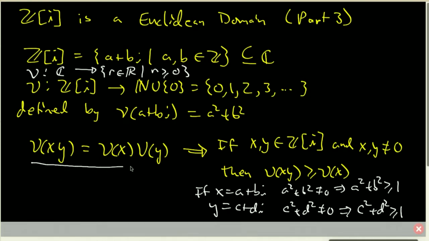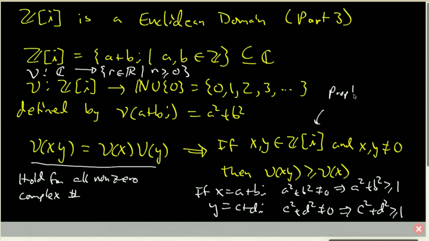This fact over here does hold for all non-zero complex numbers. And then it's also worth stating that this thing over here is the first property of a Euclidean valuation on the ring of Gaussian integers.